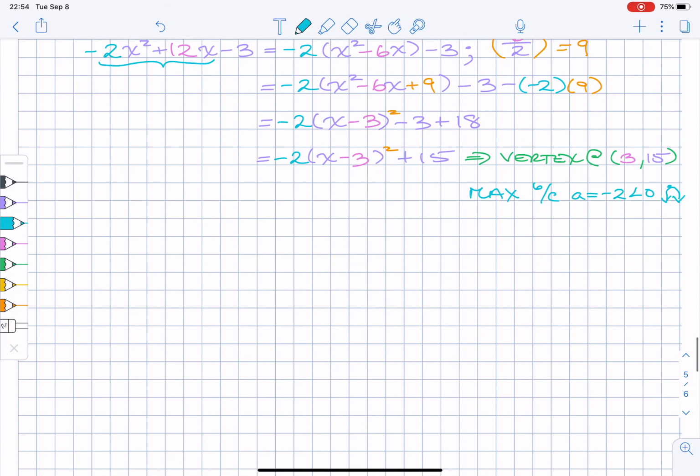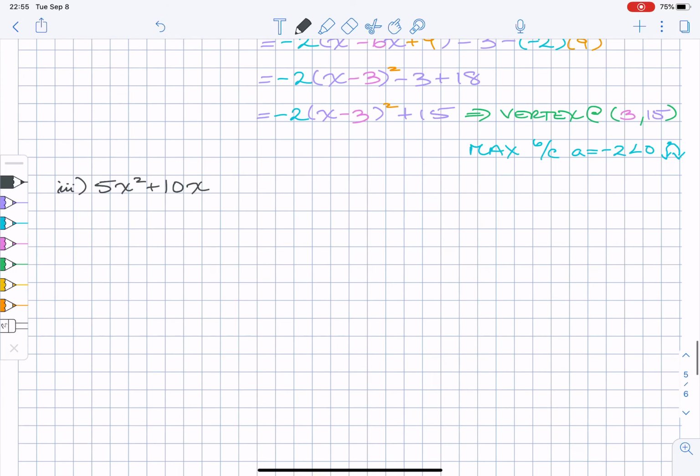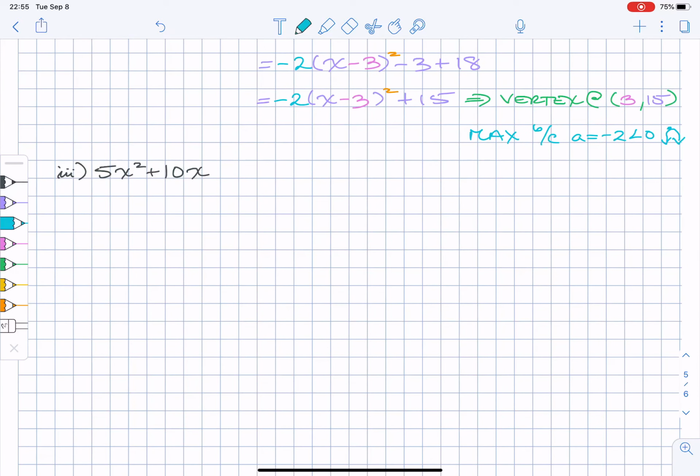Okay, let's do another one. So number 3, the final one. That'll be all I have for this. So let's do 5x squared plus 10x. Okay, make it easy. So this is 5 times x squared plus 10x.